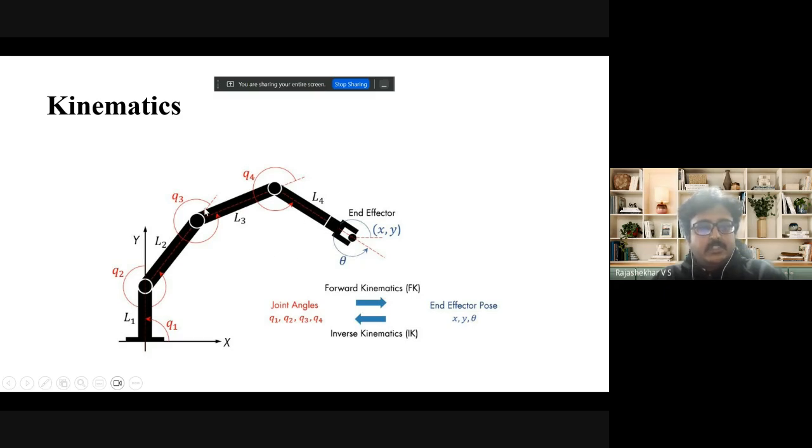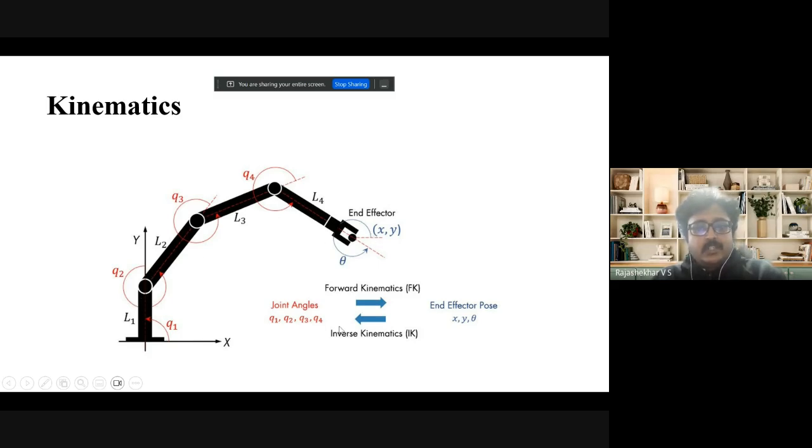So this is where you calculate, we know the joint angles and we get the end effector position, that is forward kinematics. But when it comes to inverse kinematics, we only know the x, y, and theta. These three data we know, and we try to calculate what should be the position of the joints, so that the robot can take this position and reach it.